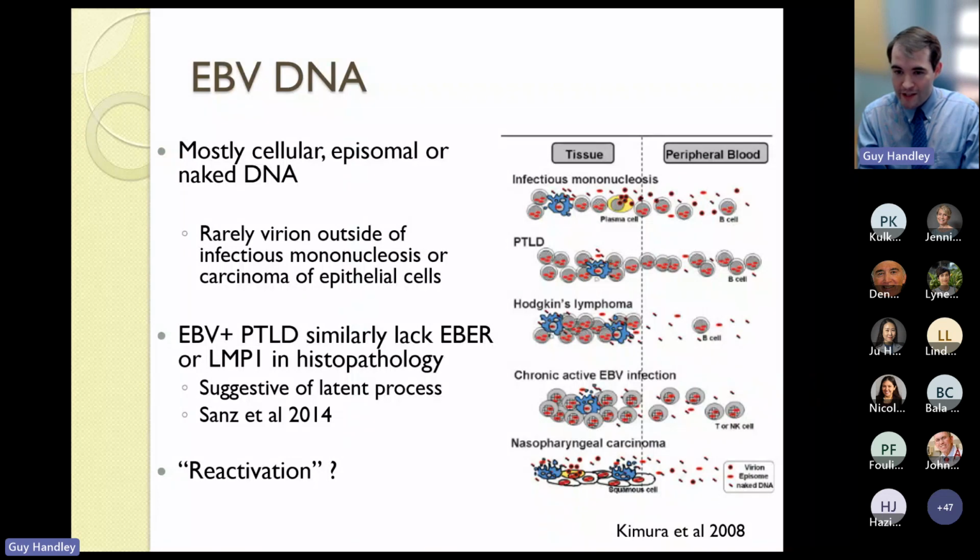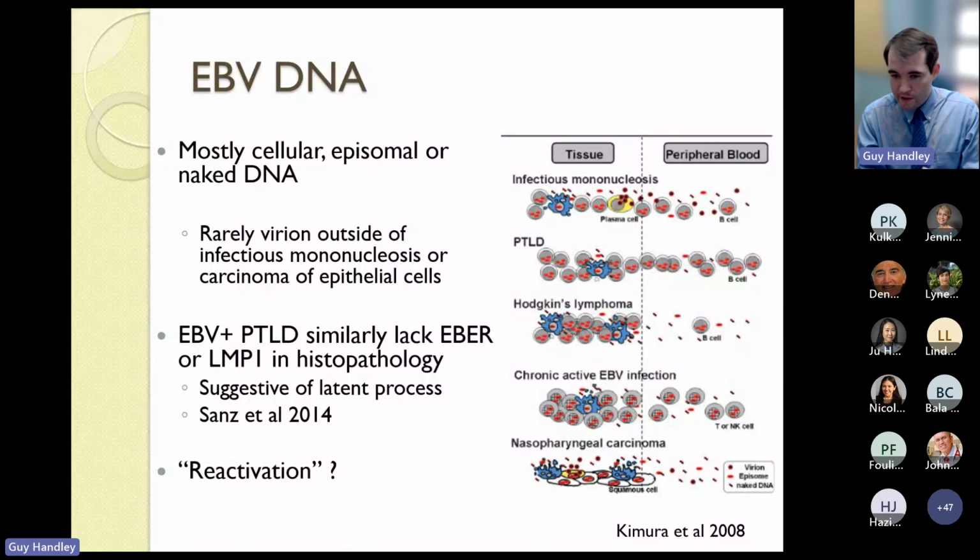After your initial infection, though, it drops precipitously, and almost everything you're detecting is episomal or unencapsulated DNA or just cell-based products. The one exception, I think, would be some of the nasopharyngeal carcinomas and other epithelial tumors, where you can still have detection of virion. It's a minority, but it is still there, and you can see that at the very bottom.